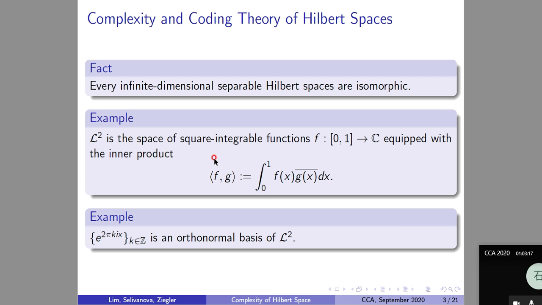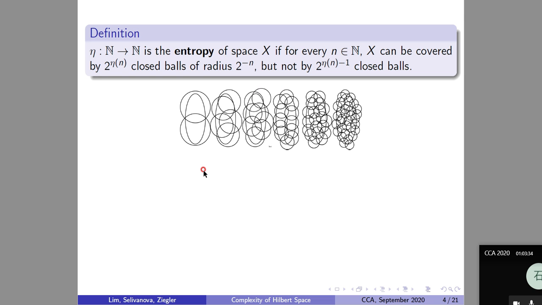There's an orthonormal basis of this space. So this is the Hilbert space, and we are interested in a compact subset of it. So let me give you some preliminary notions of computable analysis.